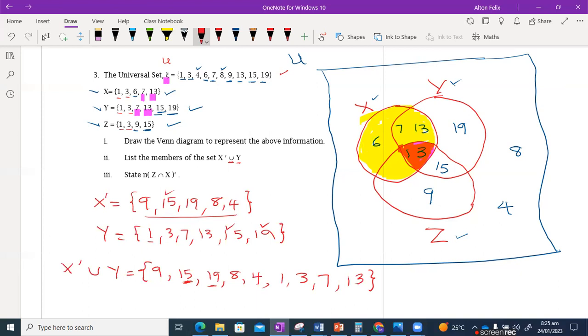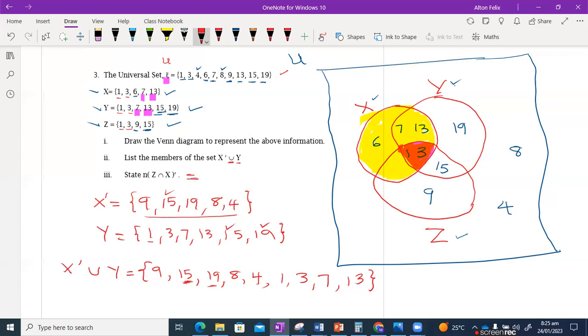Now let's go to the last part, which is asking us to state the members of Z intersect X complement. Right, and I was talking about that earlier. Z intersect X complement.